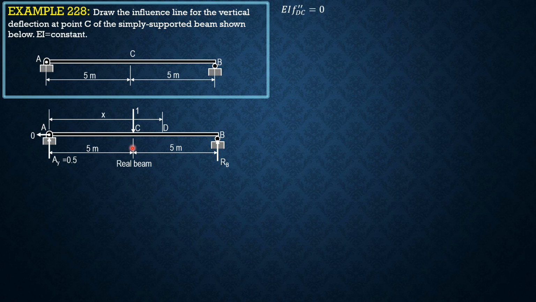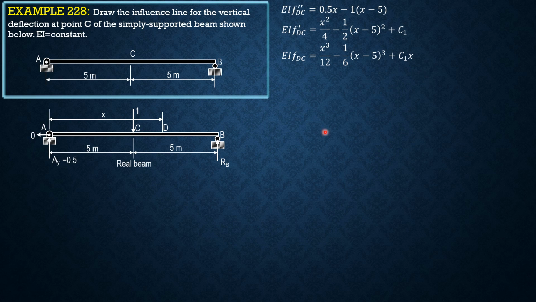EI f_DC prime is 1/4 x squared over 4 minus 1/2 of quantity (x minus 5) squared plus c sub 1. Because the origin is a support, c sub 2 is 0. Integrating further, EI f_DC is equal to x cubed over 12 minus 1/6 quantity (x minus 5) cubed plus c sub 1 times x.